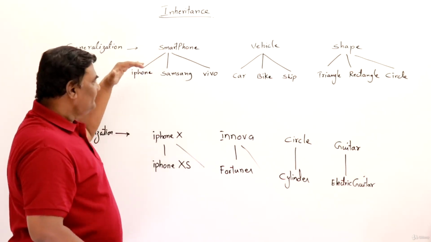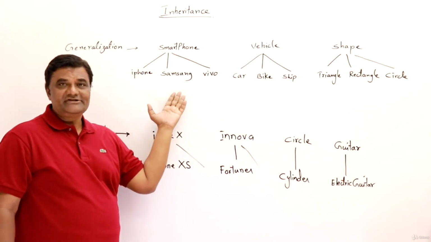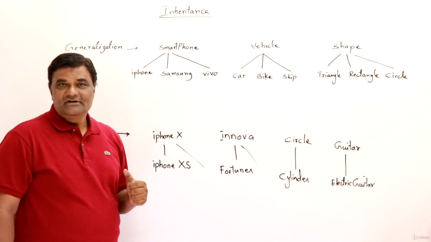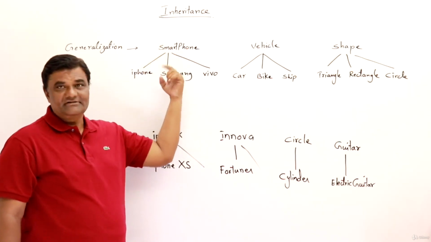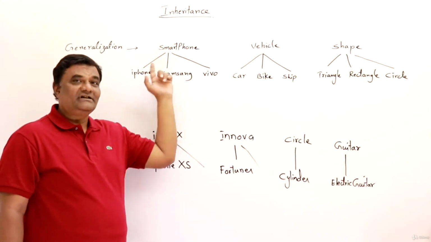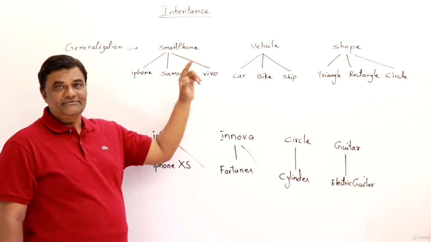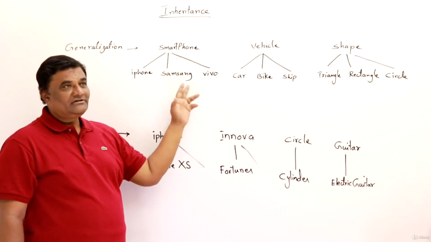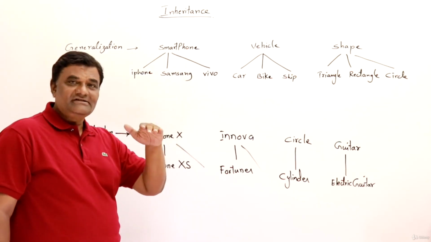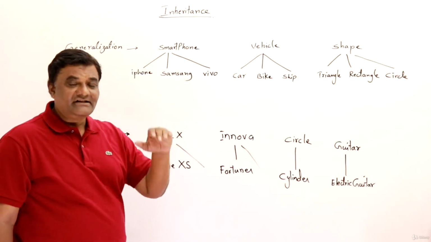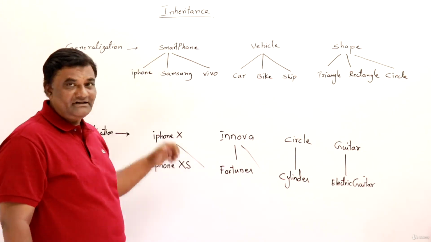Apart from that, more features are there in the iPhone, Samsung and Vivo, so you can say these are inheriting the properties from that one. iPhone is a smartphone, Samsung is a smartphone, Vivo is a smartphone. So smartphone, if I say it's a class, is a superclass and these are subclasses.